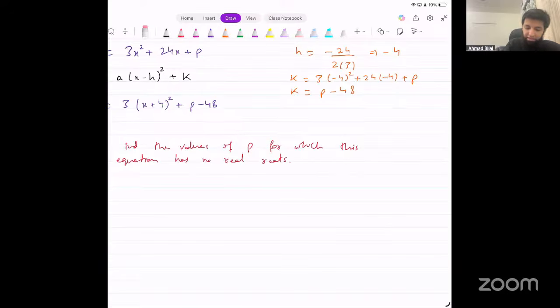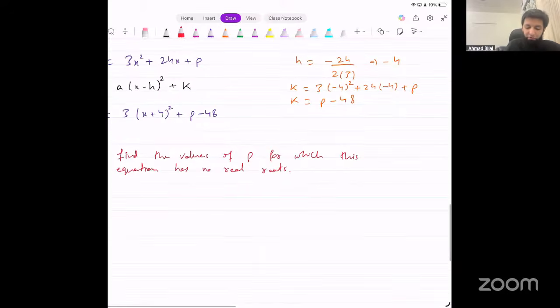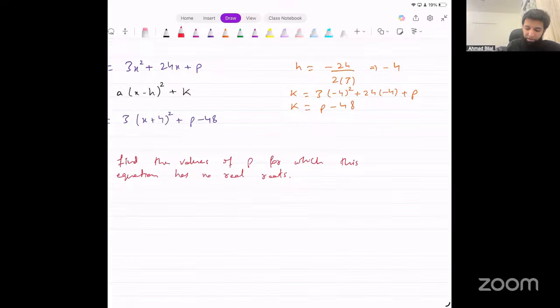So in problems like these, even if you were to put b square minus 4ac, which equation has no real roots? What's the equation, by the way? Is it 0 on the other side? Which equation are they talking about? Okay, so you're saying for which the equation f of x equal to 0, assuming that this is f of x, has no real roots.